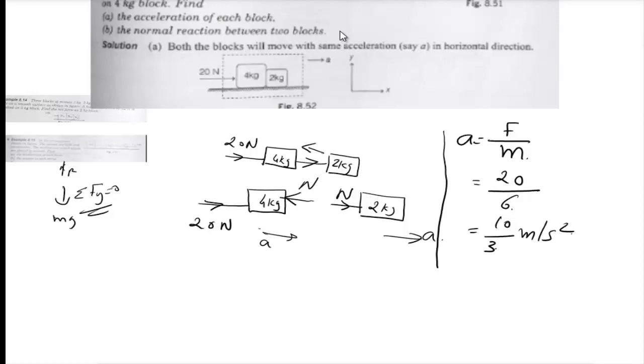For that, normal reaction means, any one reactional force you can find out, that will be the same, because equal and opposite reactional forces are acting, right? So first I am considering the 4 kilogram mass. Which are the forces acting along the positive x direction and negative x direction?